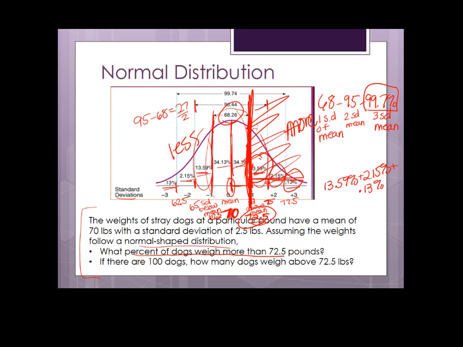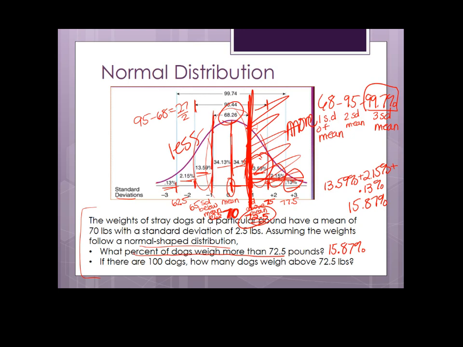So when I add all those together, I get 13.59 plus 2.15 plus 0.13, which is 15.87%. So that's the answer to this one. So 15.87% of these dogs weigh more than 72.5 pounds.